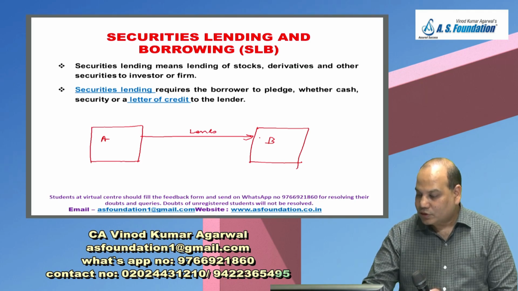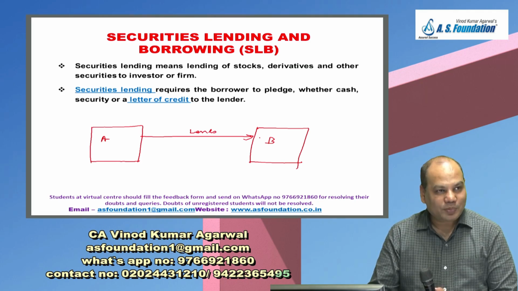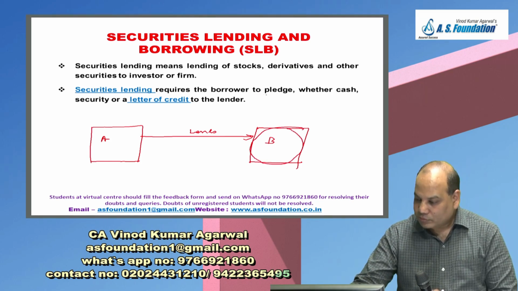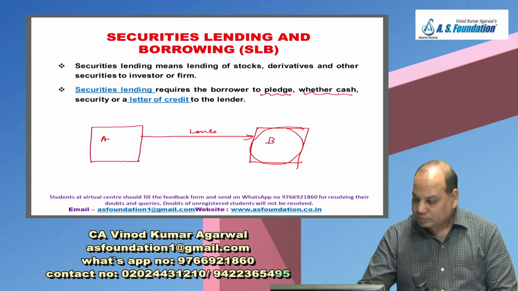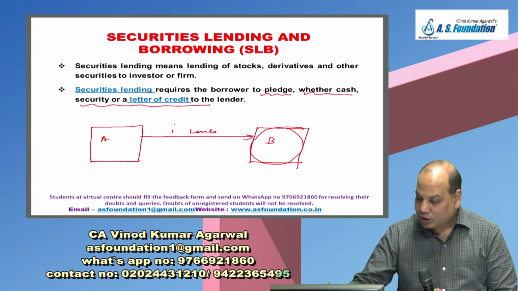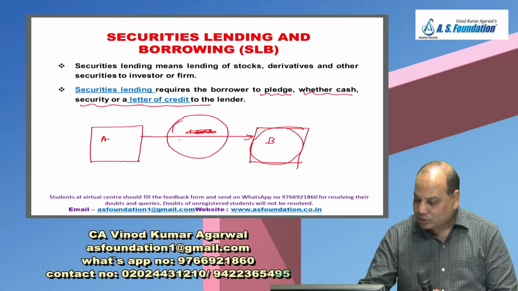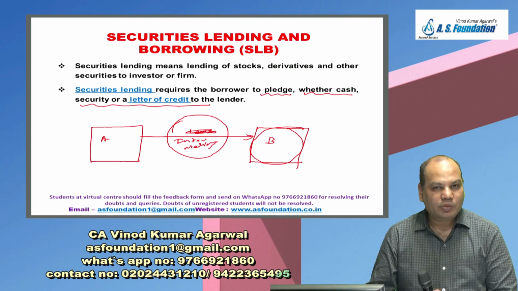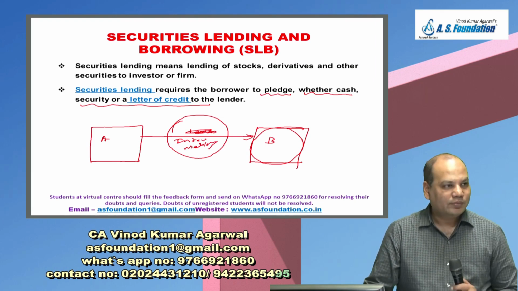But then there is a risk that Mr. B will not repay his share. So normally Mr. B will have to either pledge security or pledge a letter of credit, etc. to the lender. Between A and B, usually there will be an intermediary. A and B may not know each other also.